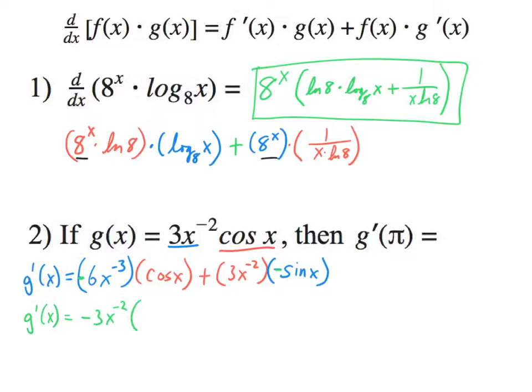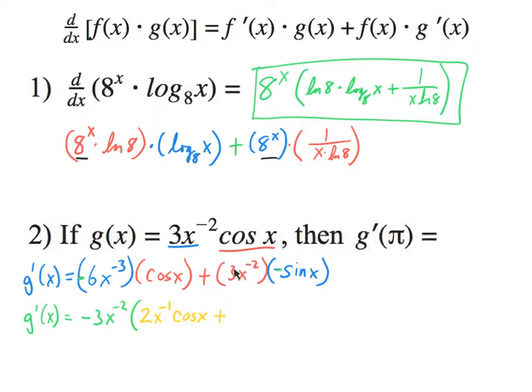What's left behind is negative 3 times what gives you negative 6? Hopefully you can see that would be 2. x to the negative second times what gives you this? That would be x to the negative first. And we still have the cosine x left over in the first piece. Plus, why plus? Because the negative got pulled out already.